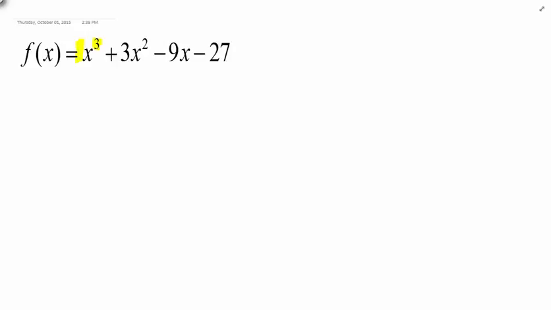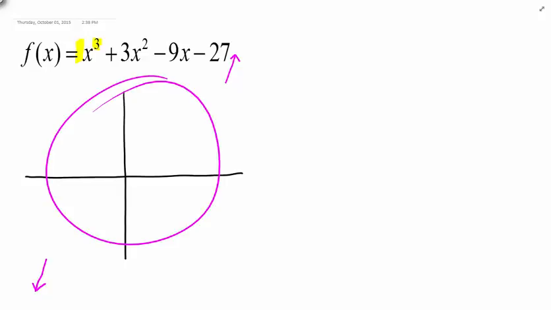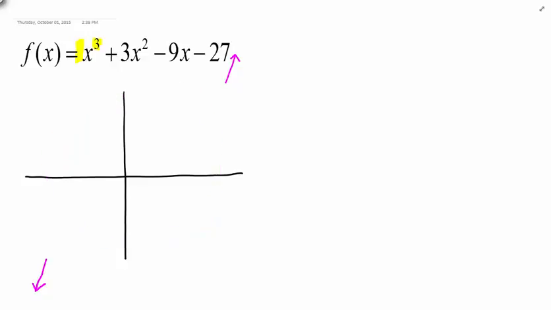So we know, and let's start to sketch its graph right here, that according to the leading term test, this left end behavior will go down and this right end will go up, or go to positive infinity. Now, we don't know what's happening in here, right? That's important to remember. We have to figure that out. But we do know what the arms of the graph, the ends of the graph, are doing.